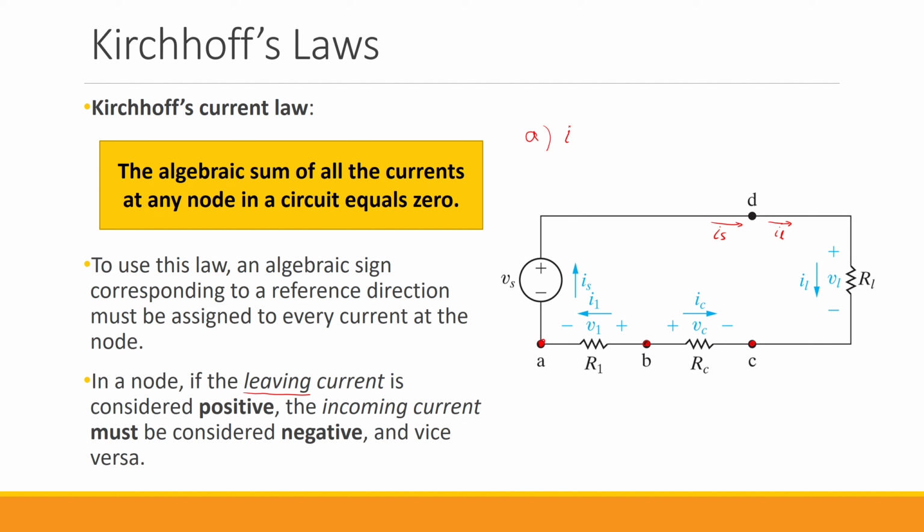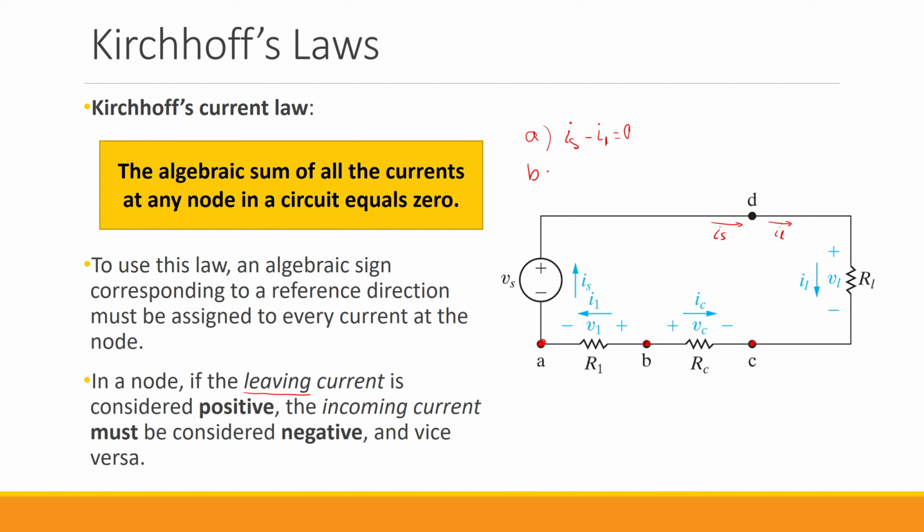So we have IS leaving the node, and also I1, which enters the node through this resistor. This one I consider with a negative sign. So IS minus I1 equals 0. That is Kirchhoff's current law at node A.